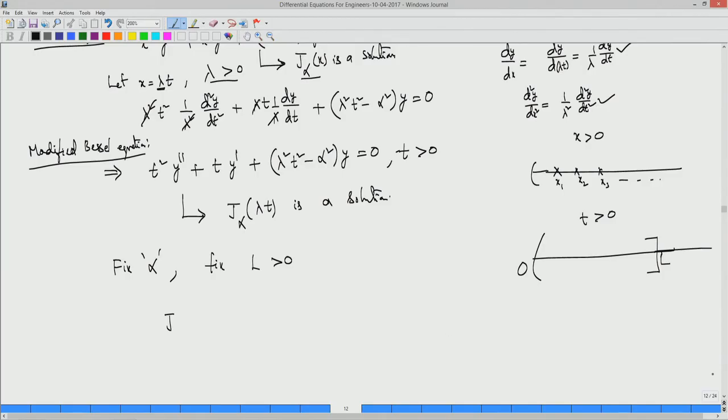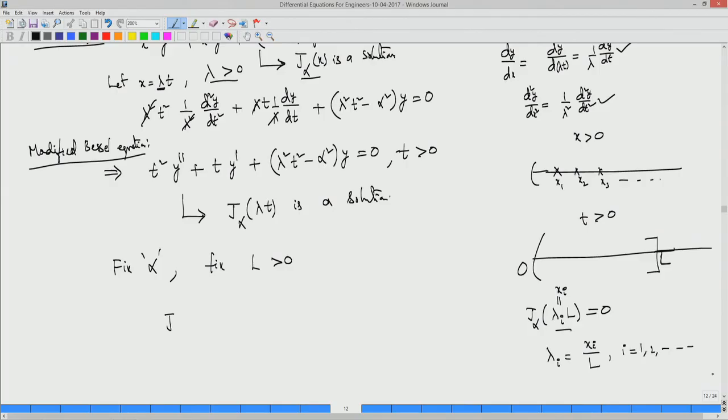Once I fix this number L, J alpha of lambda i L will be 0, where lambda i L is equal to xi, the root. That makes lambda i equal to xi by L for every i equal to 1, 2, 3 onwards.